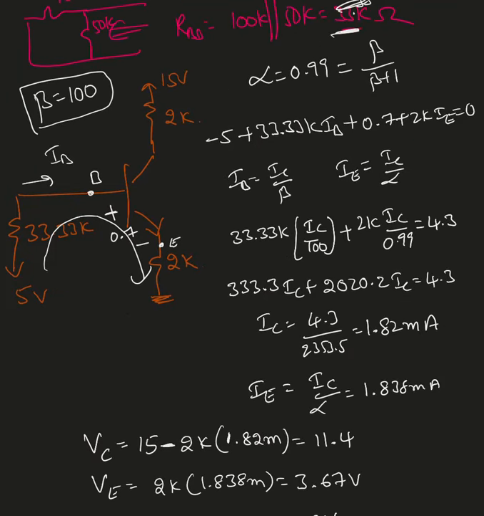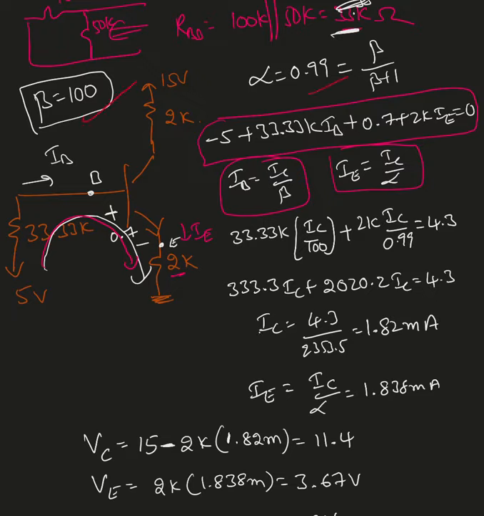So here I solve the example. Here is the equation from this loop: -5 plus 33.33k times IB plus 0.7 plus 2k times IE. The current passing through this is IE. We know that IB equals IC over beta and IE equals IC over alpha. The beta value is 100, so the alpha value should be 0.99.